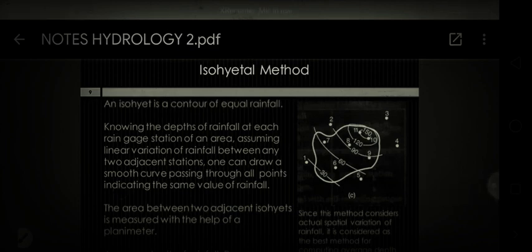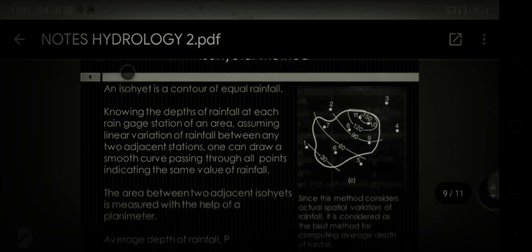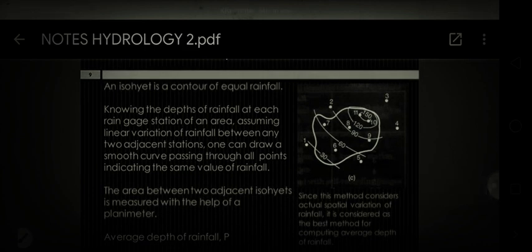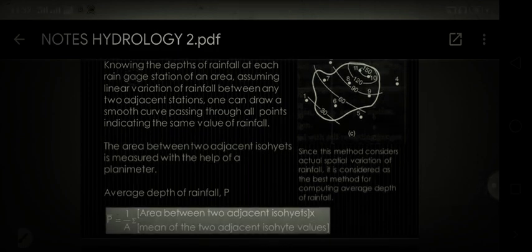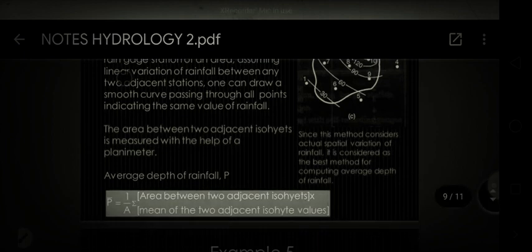An isohyet is a contour of equal rainfall. Knowing the depth of rainfall at each rain gauge station of an area, and assuming linear variation of rainfall between any two adjacent stations, one can draw a smooth curve passing through all points indicating the same value of rainfall. The area between two adjacent isohyets is measured with the help of a planimeter.